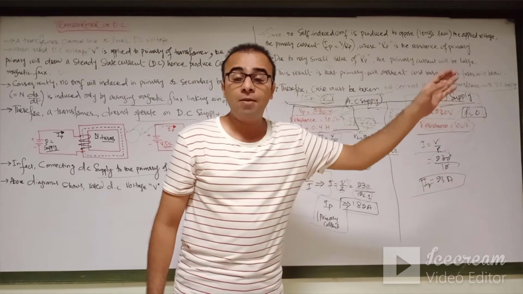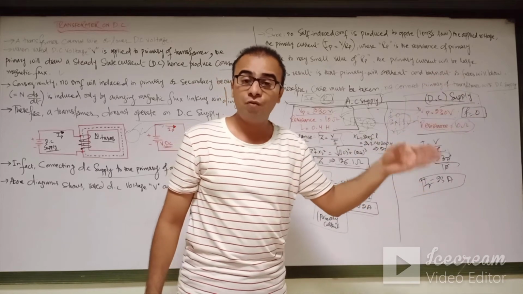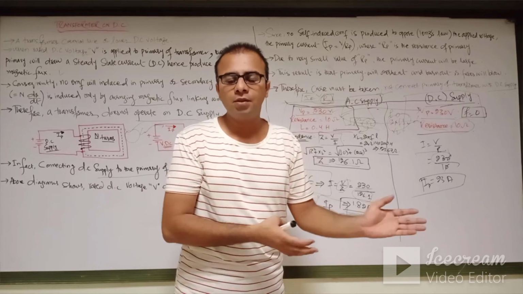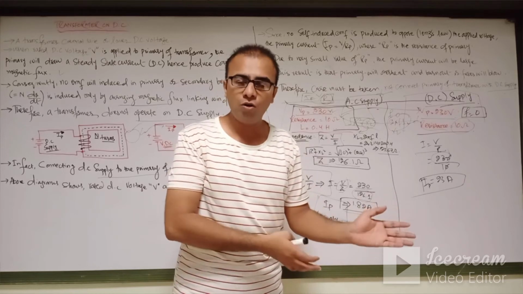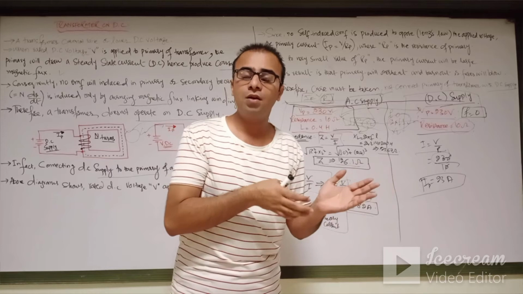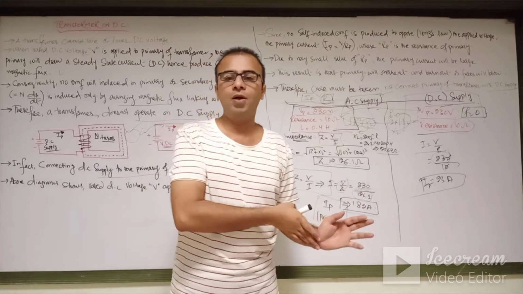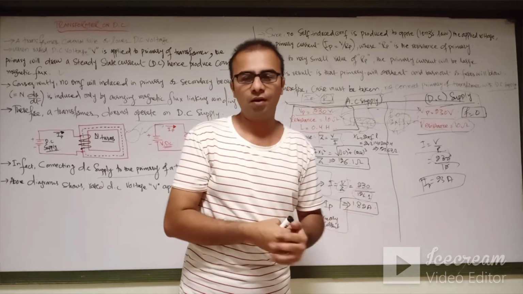So if 23 ampere current is drawn from the main supply, obviously the primary winding of the transformer may burn out. Why? Because it will overheat the windings of the transformer, and this may cause the burning of the primary coils or primary winding of the transformer.